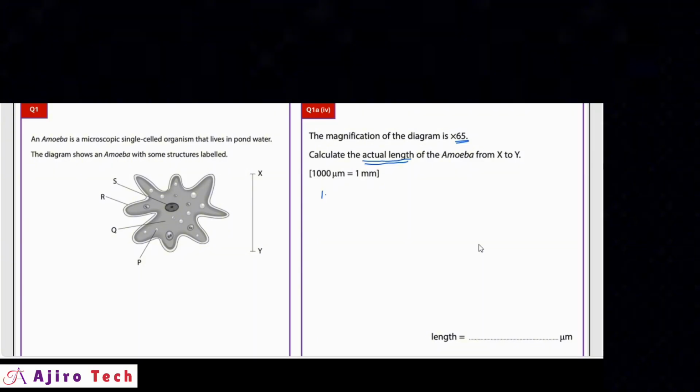You need your magnification value, your actual length, and the third thing is the image size or image length.